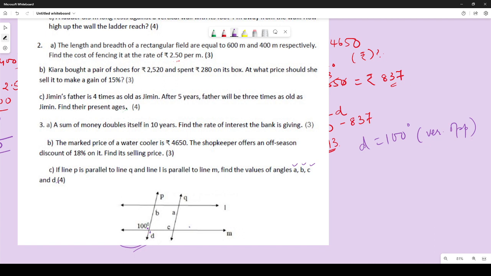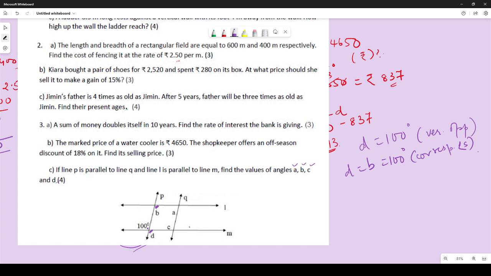Now D and B, you can see D is equal to B is equal to 100 degrees again, because here D and B, if you look, they are corresponding angles, right? So here D and B become the same.